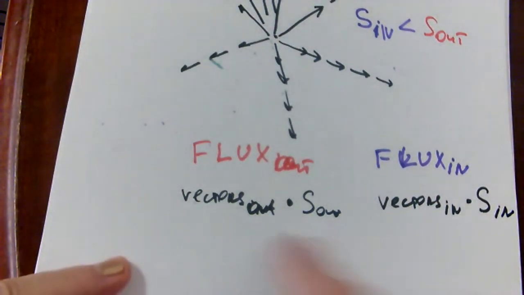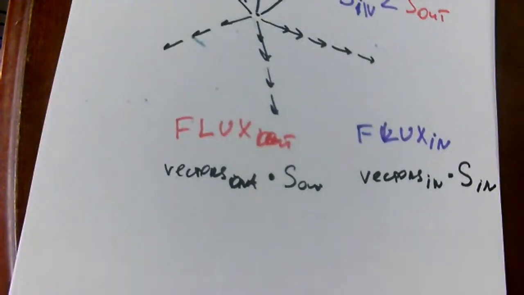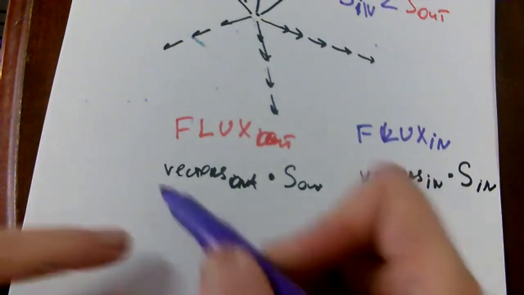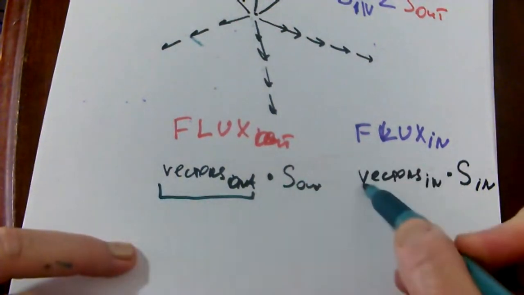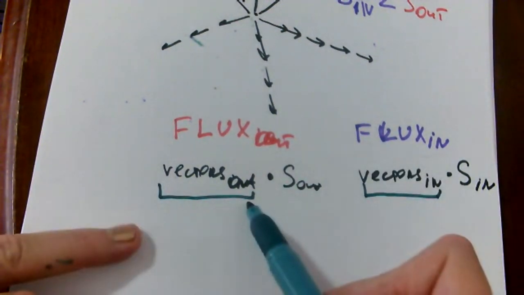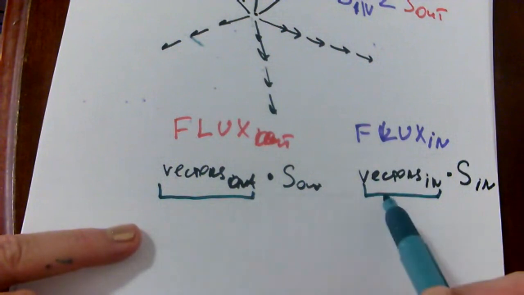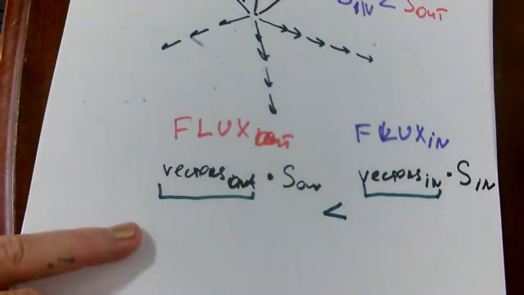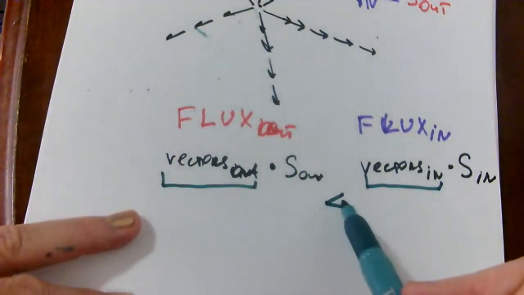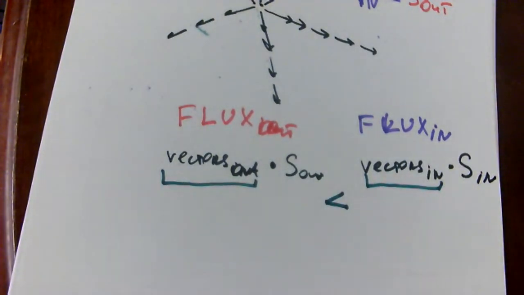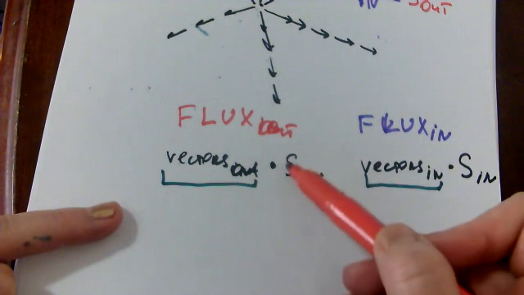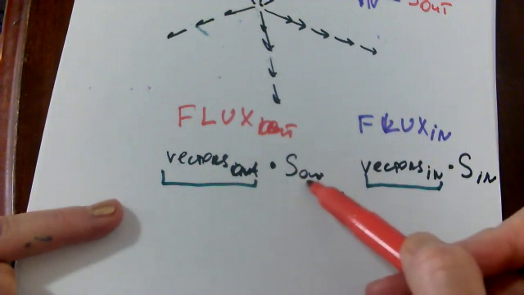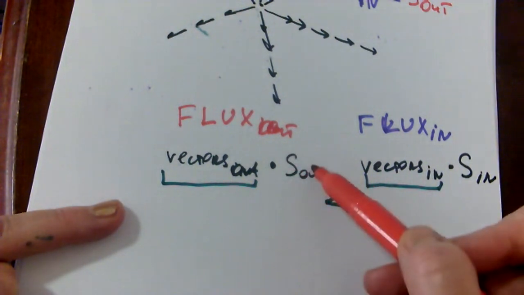What can you say? Just compare these two terms. As for vectors, if you compare these guys, vectors out are smaller than vectors in, so the inequality will be this side, okay? But if you compare the areas of the surfaces, they have quite an opposite inequality.